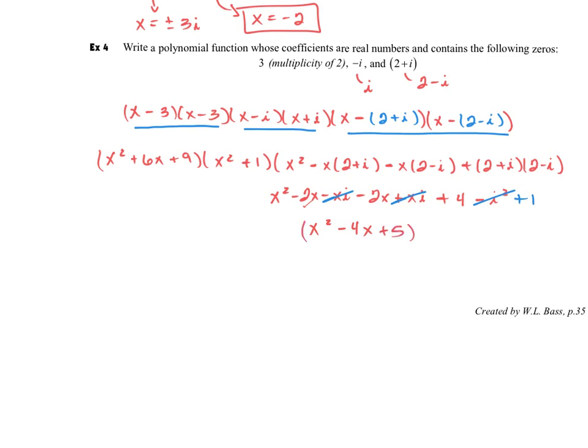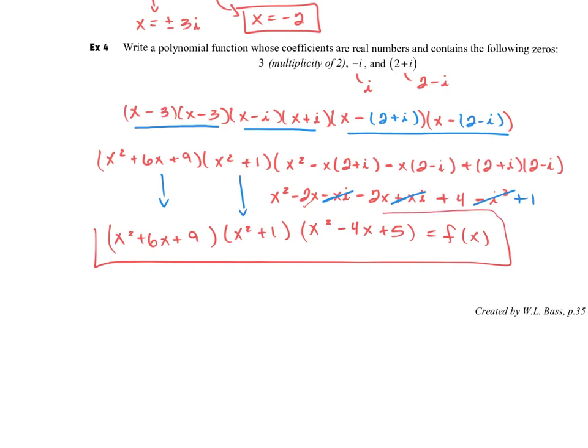Then I can pull down my other polynomials from up above, and I can fill those in. So I'd have my x squared plus my 1, and I'd have my x squared plus my 6x plus my 9, and I can say this entire thing equals my f of x function. So there is a lot of very tedious algebra on this, but it's doable if you just take your time.